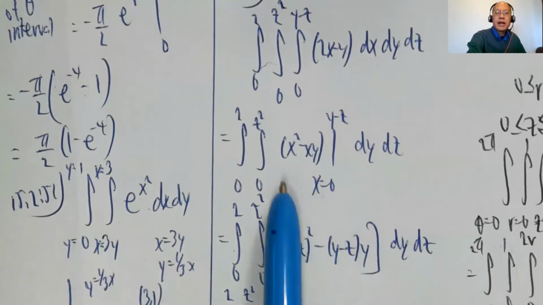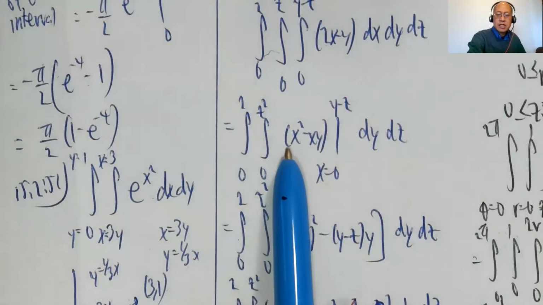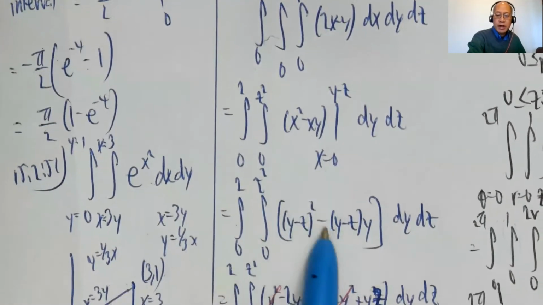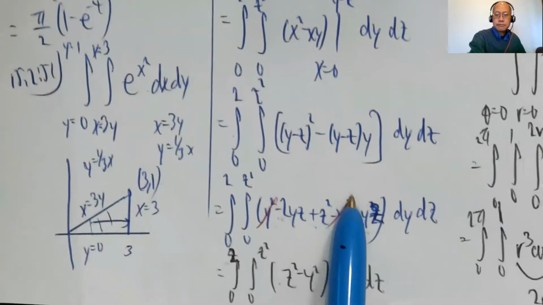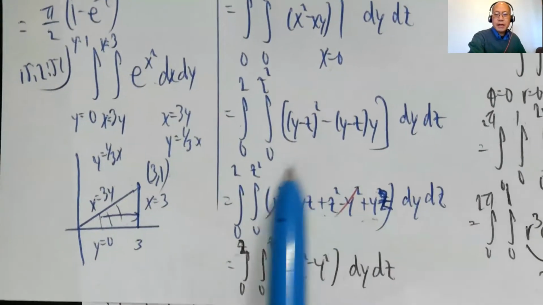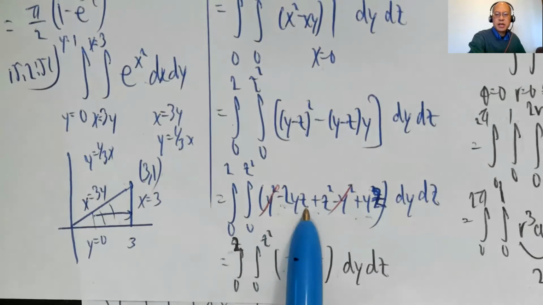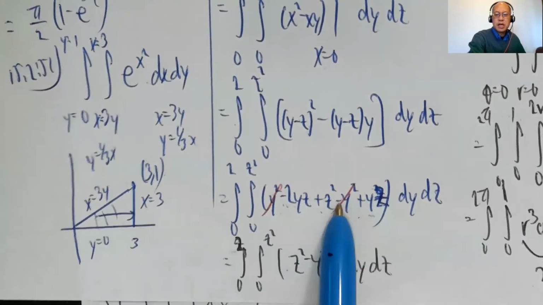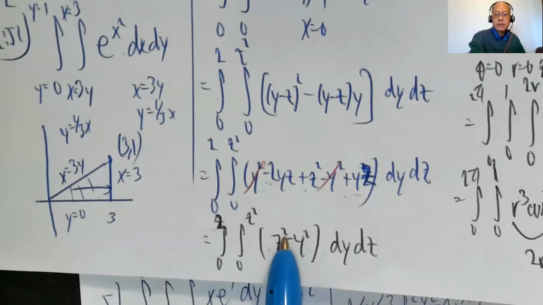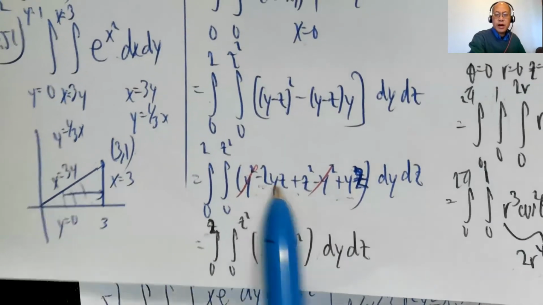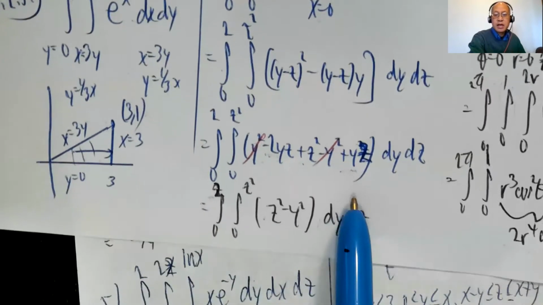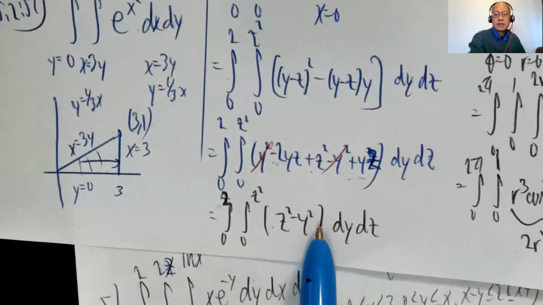Plug in y minus z, a little bit clumsy: (y minus z) squared minus (y minus z) times y. So clean that up. That's y squared minus 2yz plus z squared minus y squared plus yz. The y squareds cancel out, and negative 2yz plus yz gives you negative yz.